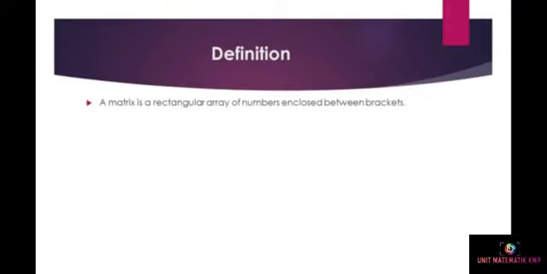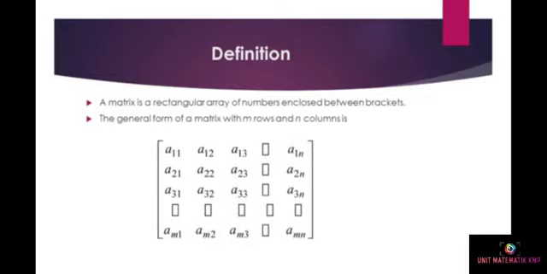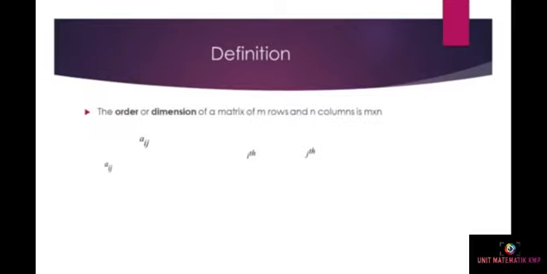Definition of matrix. A matrix is a rectangular array of numbers enclosed between brackets. The general form of a matrix with m rows and n columns is shown. The order or dimension of a matrix of m rows and n columns is m by n.